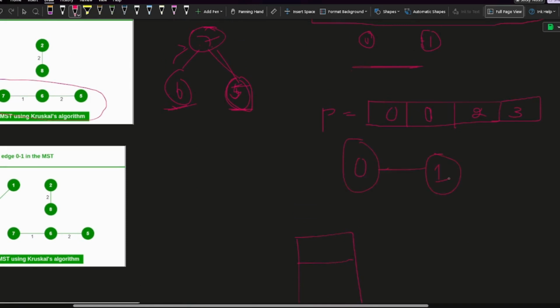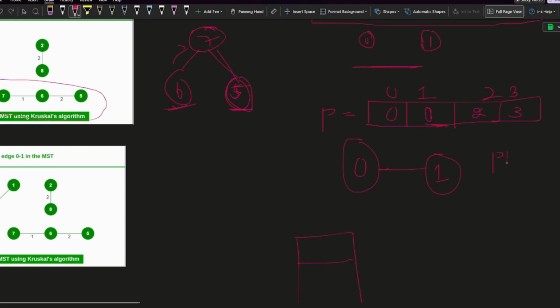0 and 1. Now they are connected. Now that they're connected, I'm going to say that 0 is going to be 1's parent as well. So at this particular index, I'm going to mark this to be 0. That means now 1's parent basically is 0.